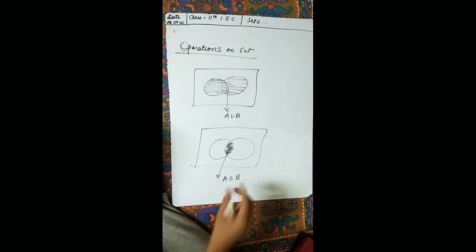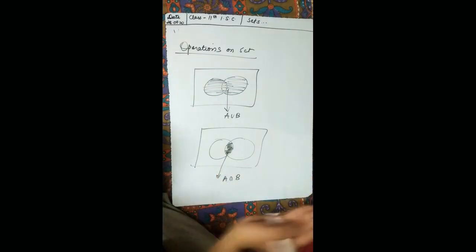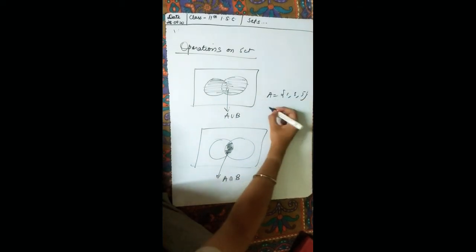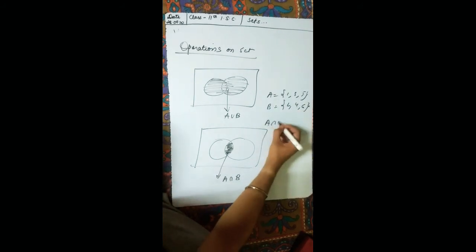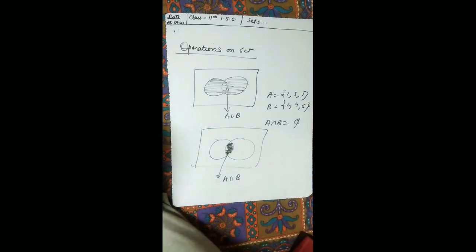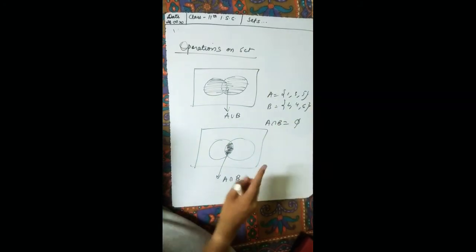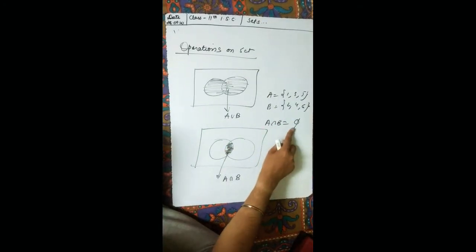And if there is no common element in both sets, say for example A is 1, 3, 5 and B is 2, 4, 6, then as there is no intersection, we represent that as phi. Since there are no same elements, A intersection B is equal to phi.